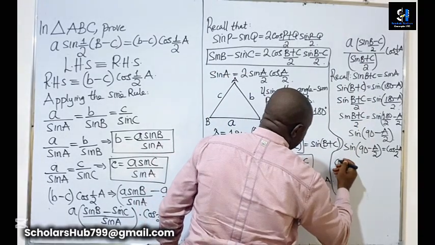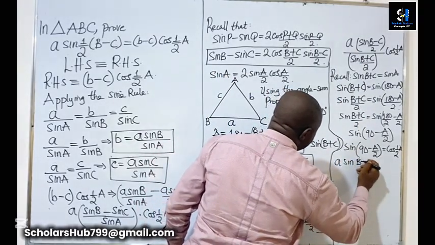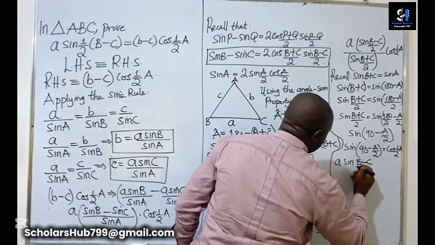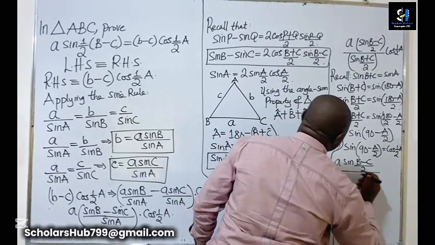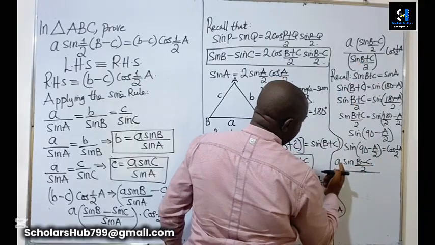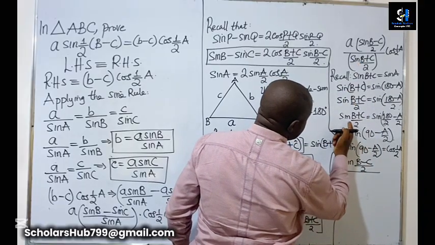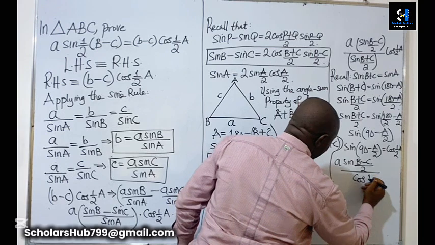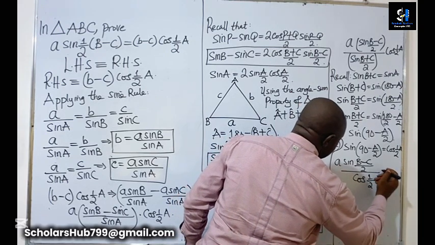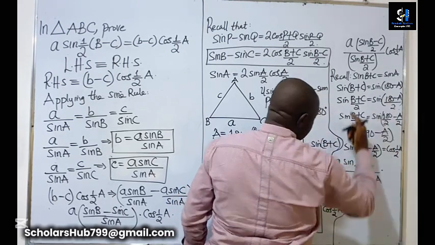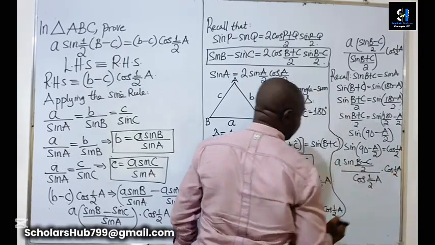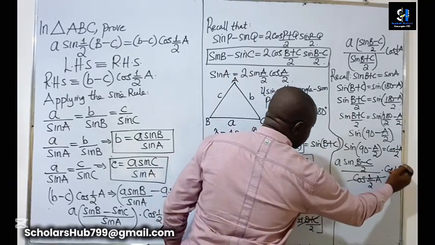Then we have sine ((B minus C) over 2) divided by sine ((B plus C) over 2), which is equal to cos 1/2 of A. Let's not forget that the numerator is multiplied by cos 1/2 of A, so this will cancel this.